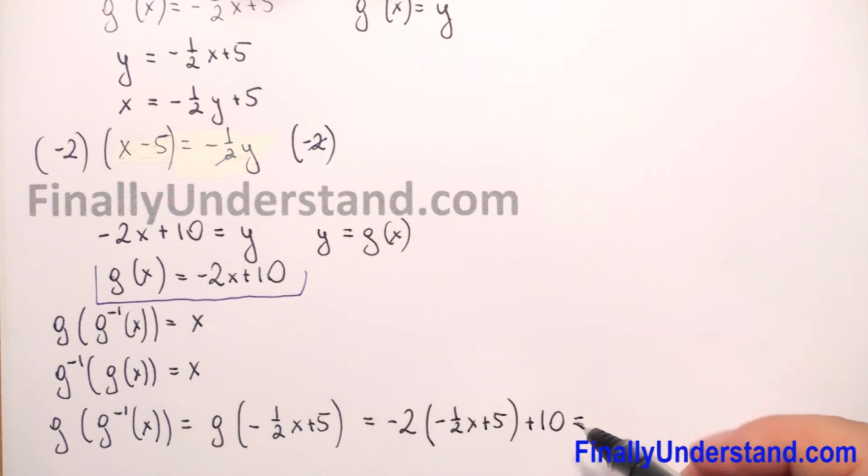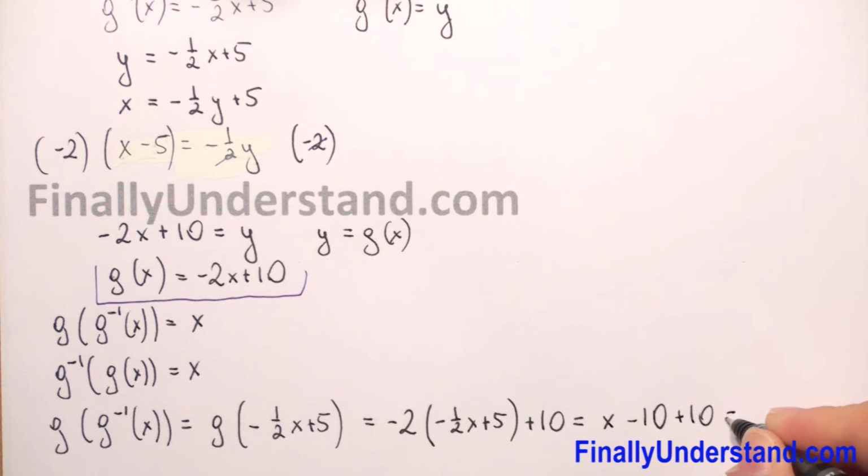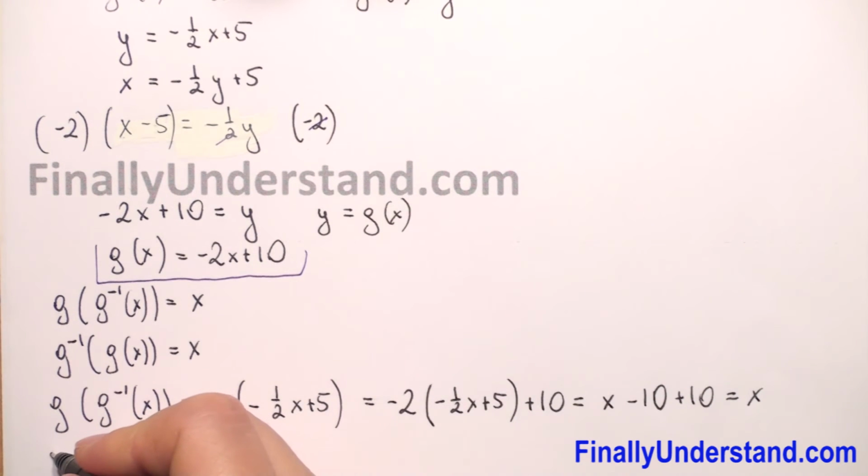We have to multiply every expression in parentheses by negative 2. Negative 2 times negative 1/2 reduces, so we have only x, and negative 2 times 5 is negative 10, and we have plus 10. So we see that this is equal to x. We got the identity function.